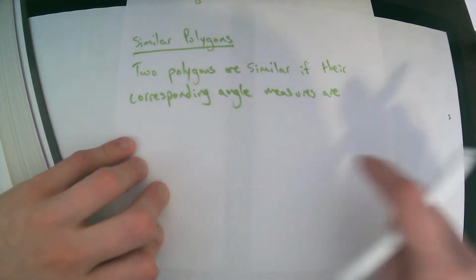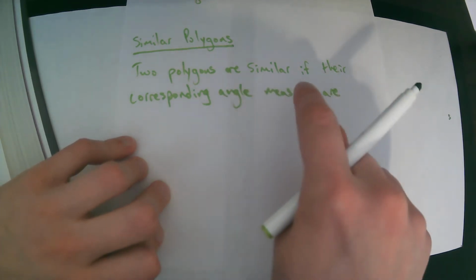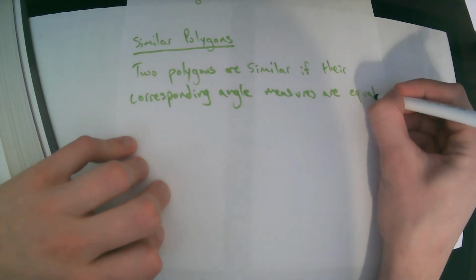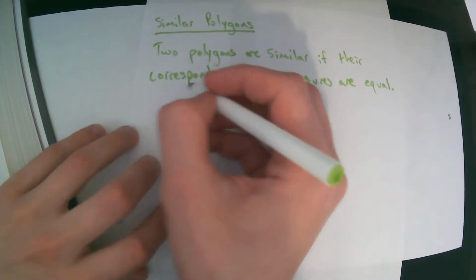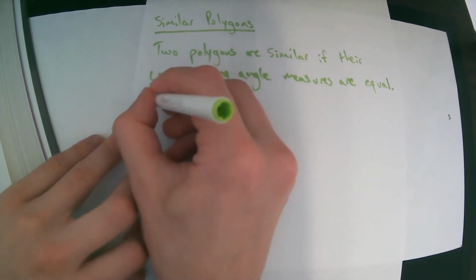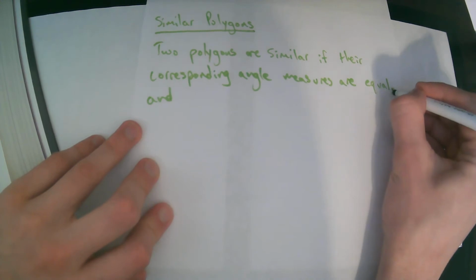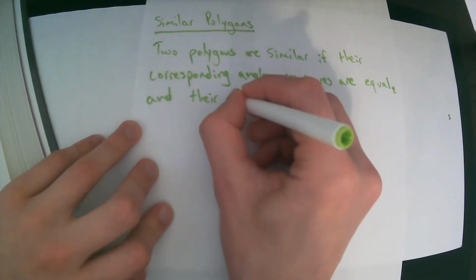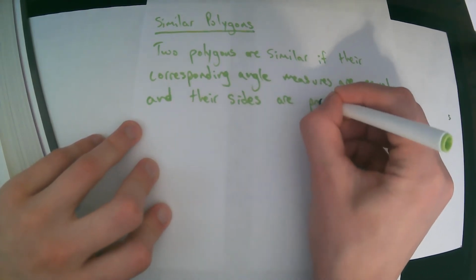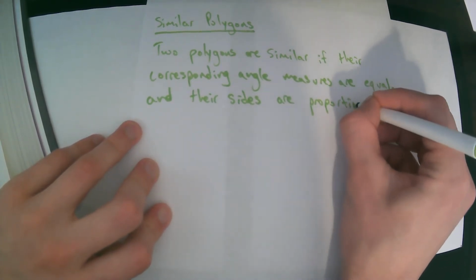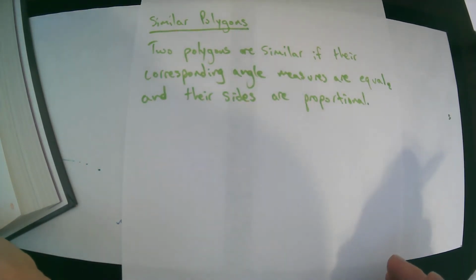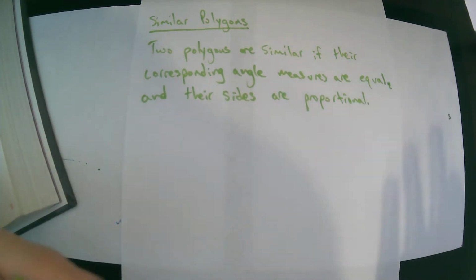They just said angles are congruent, but that's the same as saying angle measures are equal. And this is the useful part most of the time: their sides are proportional. Corresponding sides are proportional, which means we can set up a proportion to solve for missing sides.